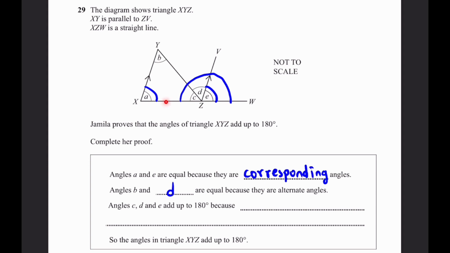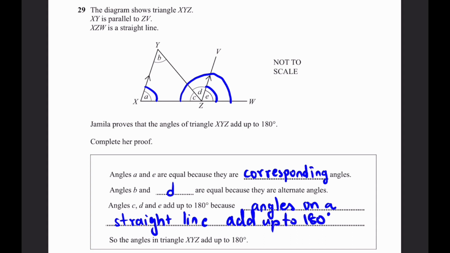So they are all on one straight line, which is XW. And that's actually the answer for this blank. So angles C, D, and E add up to 180 degrees because angles on a straight line add up to 180 degrees.